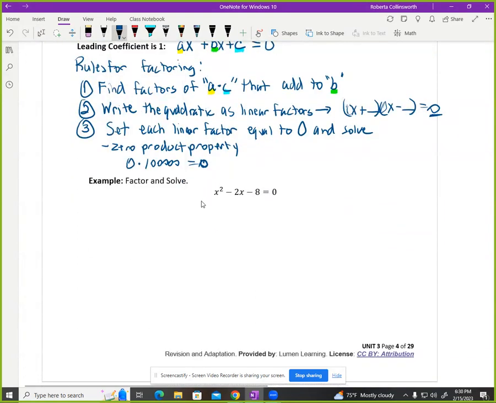Now here's our example. So I have x squared minus 2x minus 8 equals 0. It's already set equal to 0, so I don't have to do that. I have it in general form, which means that I have the exponents in decreasing order. Here's a 2, here's a 1, there's my constant term. So now I'm going to write down what my coefficients of the quadratic are.